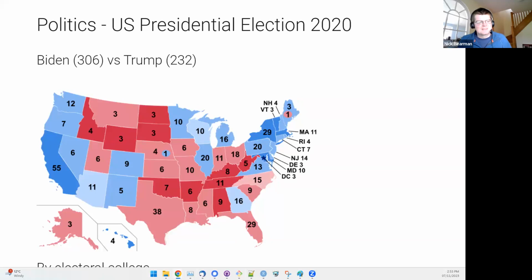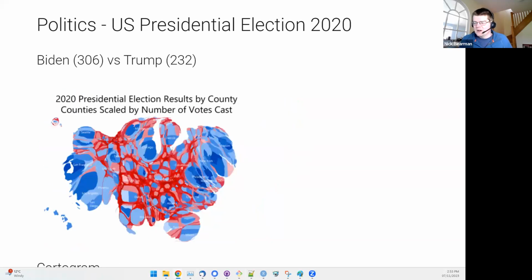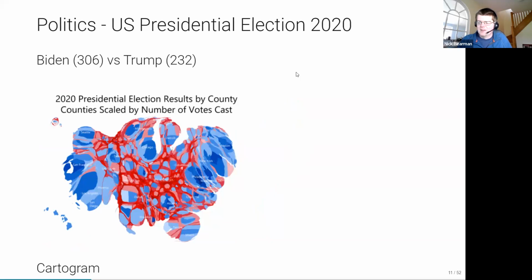In the US presidential system, the electoral college votes are the ones that count. So this is another representation of the same data, this time by state, and the numbers represent how many votes in each electoral college. But still we've probably got more red than blue on there. We also have these things called cartograms, where we show the proportion of the vote, resize the counties by the number of votes cast in this case.